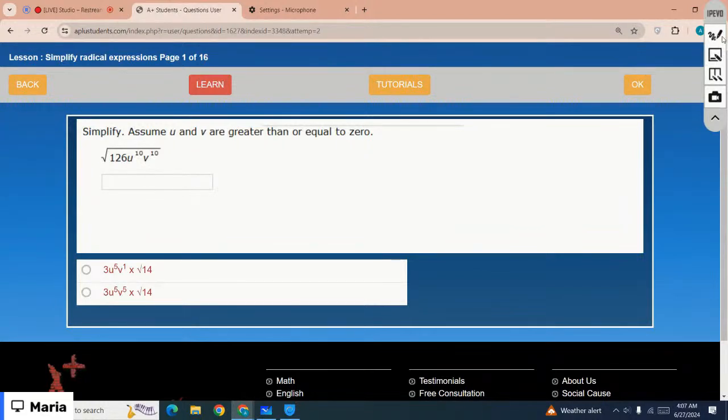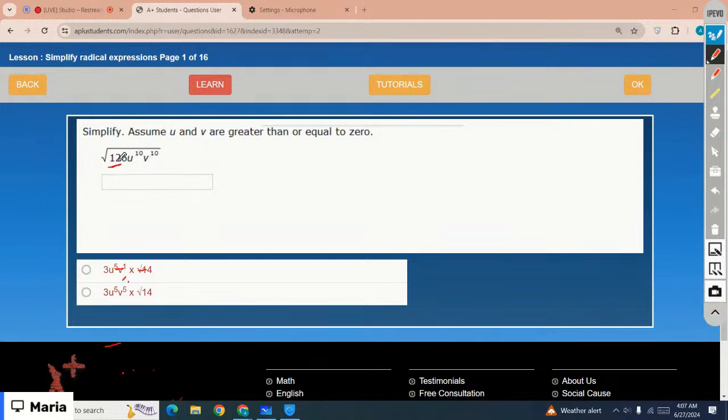So you have to make the prime factors of 126, right? So the prime factors of 126 are 2 times 3 times 3, 6 times 3 is 18, right? And times 7.